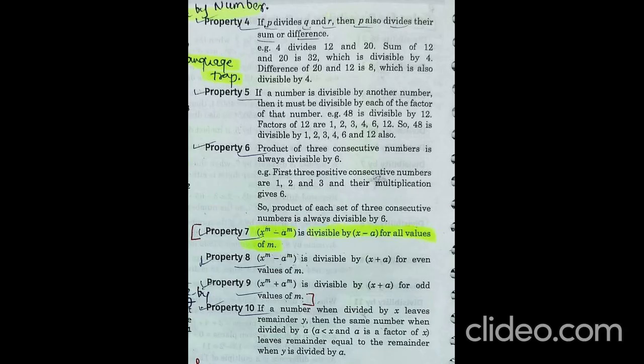Now property number 4. Take the example, 4 divides 12 and 20. The sum of 12 and 20 is 32, which is also divisible by 4. The difference of 20 and 12 is 8, which is also divisible by 4, right?